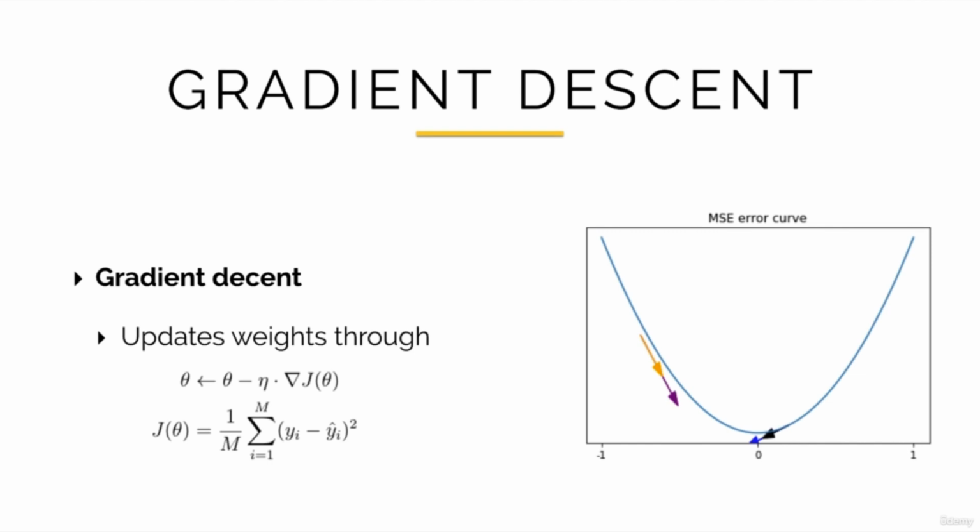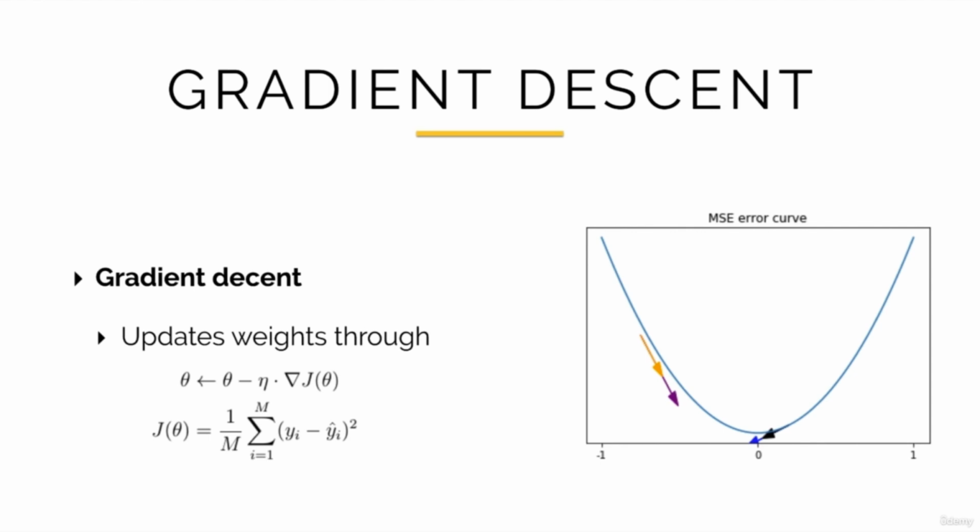So if we look at the graph on the right, if our error is more towards the left side, higher up the curve, then we're going to have a steeper gradient at that point, and so we can take a bigger step. Whereas if we're closer to the minimum, which is what we want to reach, then our gradient is going to be smaller.